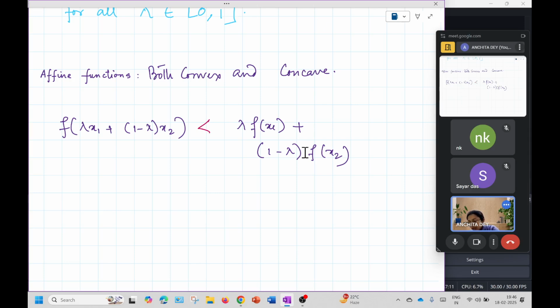For a concave function, we had greater than or equal to. But if something is both concave and convex, the only symbol that can be placed here is the equal to sign. That means this would be equal to lambda f of x1 plus 1 minus lambda f of x2. If this is satisfied, and now you don't have to worry about lambda being particularly in 0 to 1, it can be any real value, then we say that the function is affine.